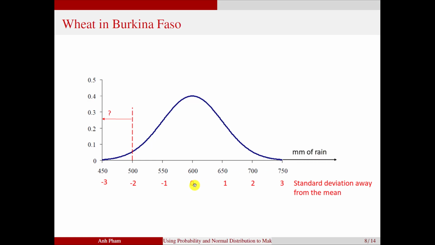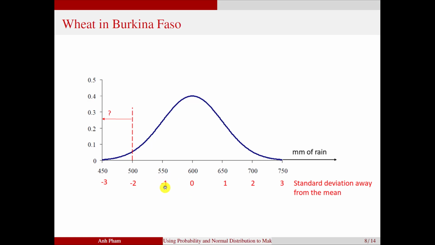But when we transform it into the standard normal distribution, 600 is the mean at 0 standard deviations away from the mean, 550 is 1 standard deviation below the mean, and so on and so forth.